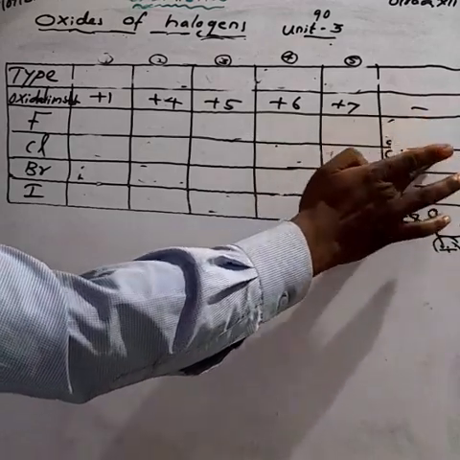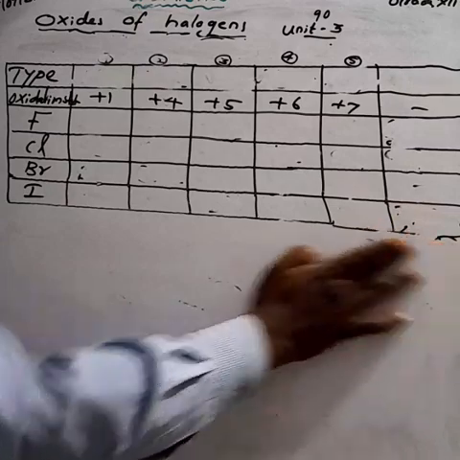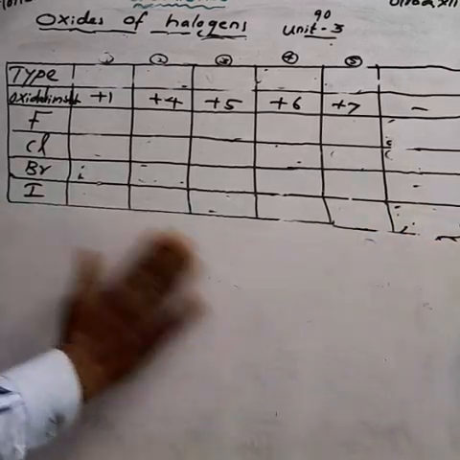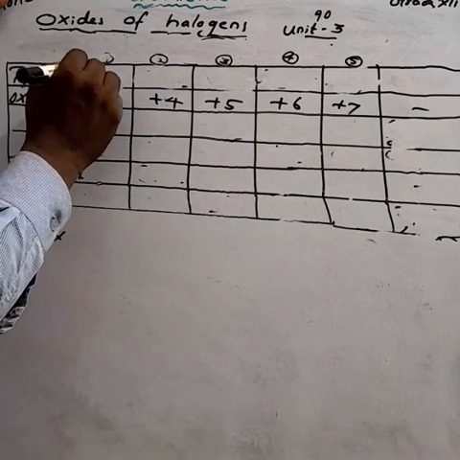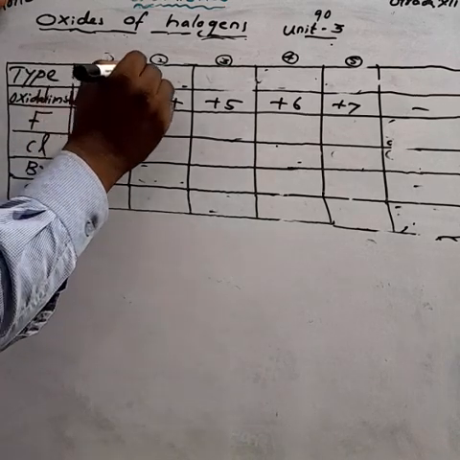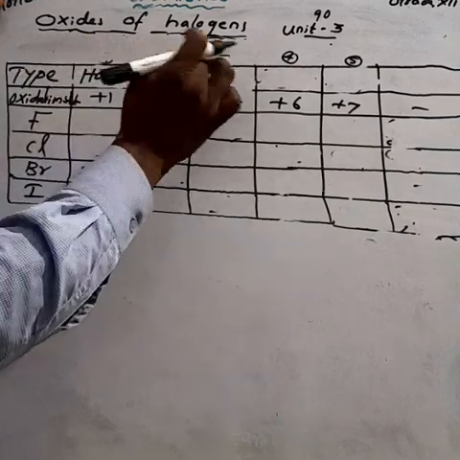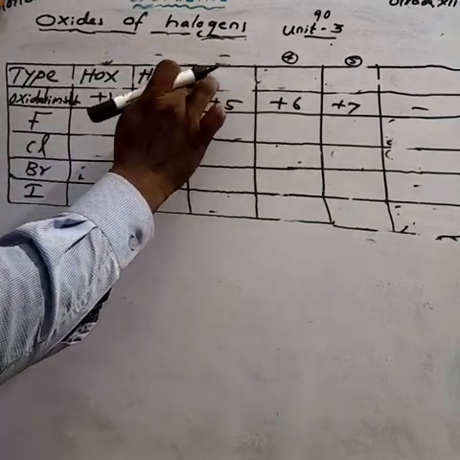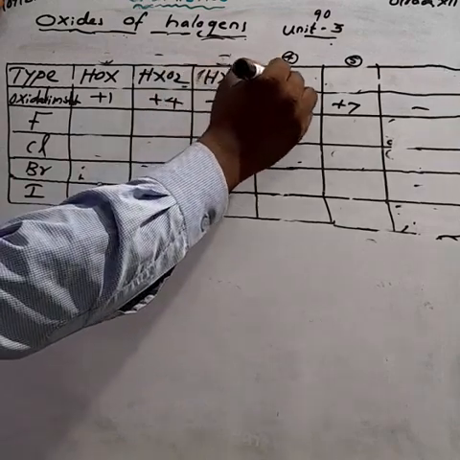Here, first we have to learn about the types. What are the types here? Types are considered as four types. One is HOX. Second one is HXO2. Third one is HXO3. Fourth one is HXO4.